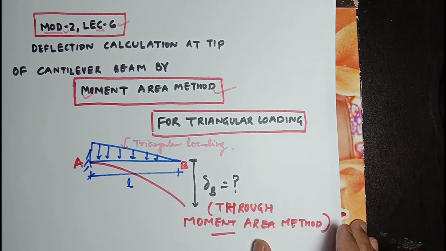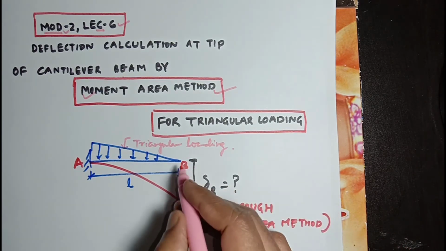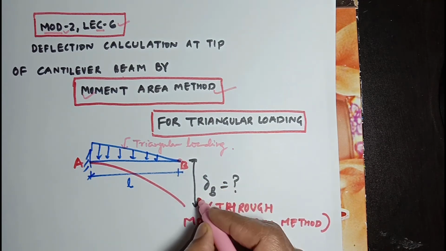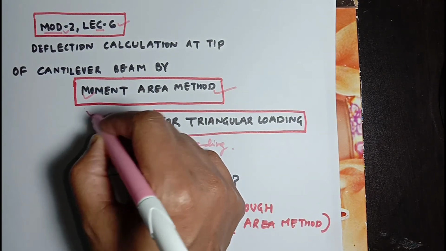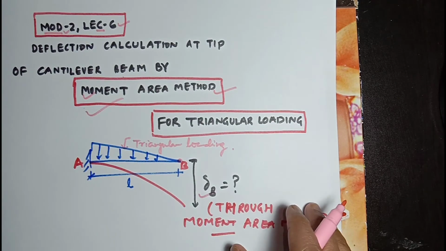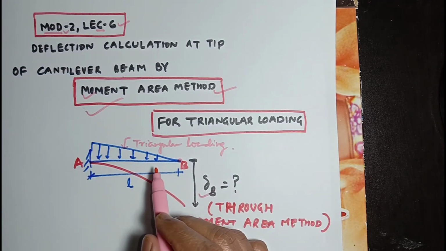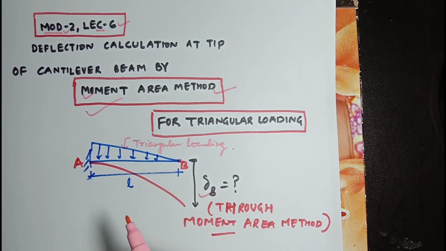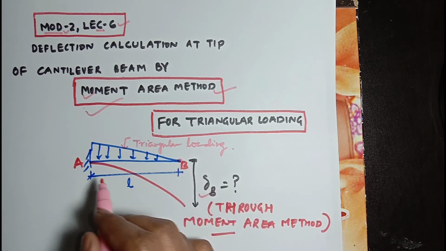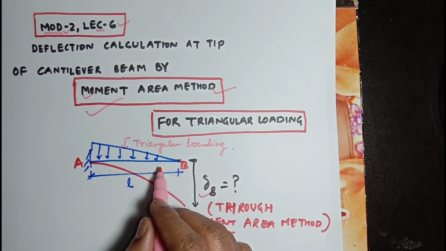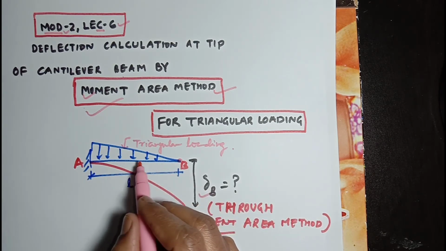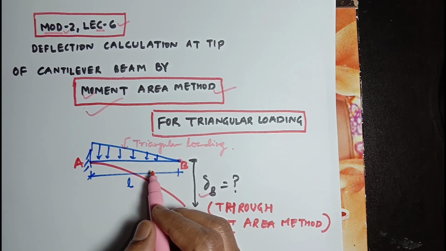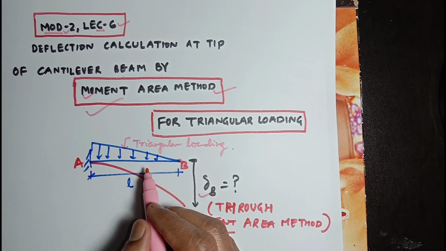Now we should proceed for calculation of deflection delta B through the moment area method. For the moment area method, we follow two parts for the calculation of delta B. First we find out the M over EI diagram for this triangular loading, and in the second part we find the centroid of this triangular loading.